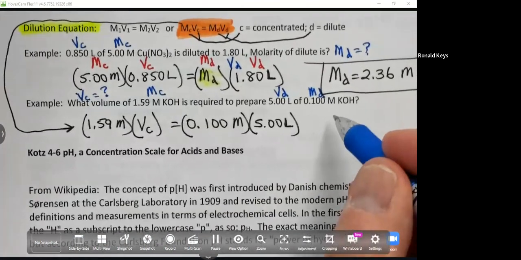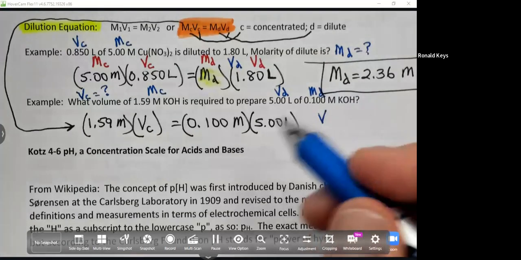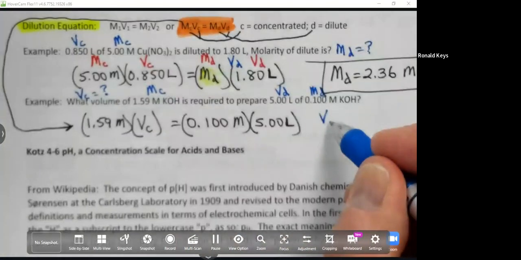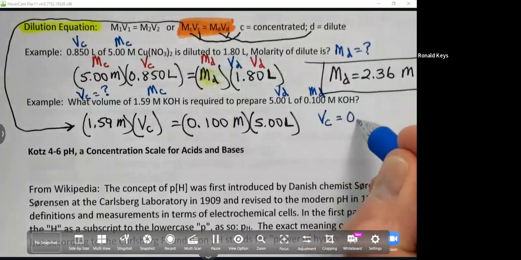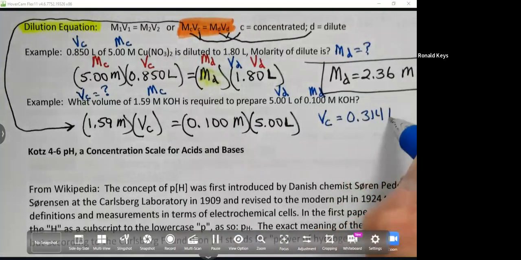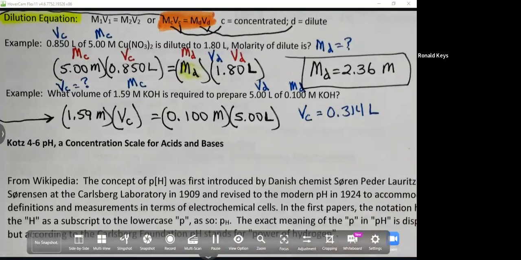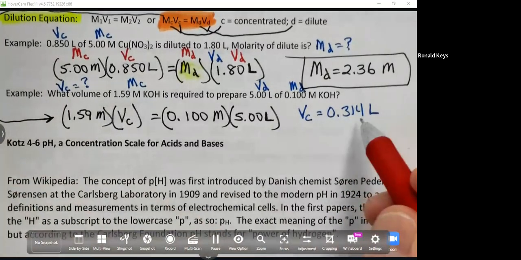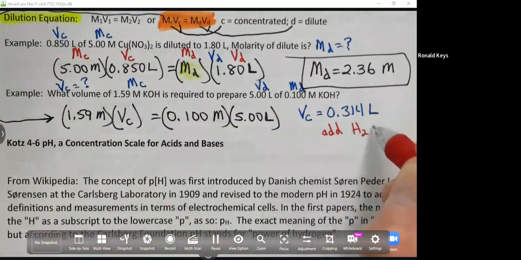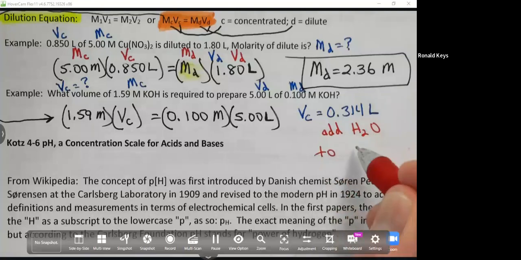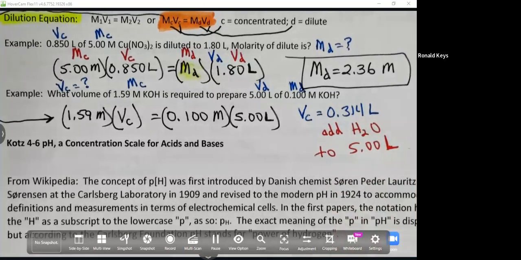And then my units are going to cancel out. Molarity cancels out. My volume of my concentrated is 0.314 liters. So I take 0.314 liters and add water to 5 liters, right? Just add water to 5 liters.